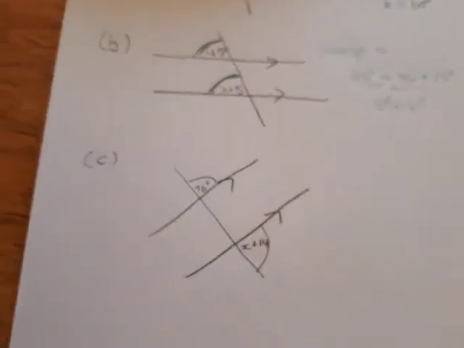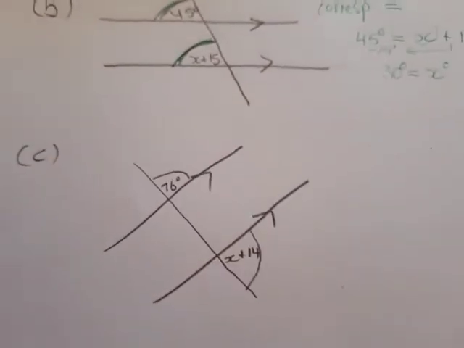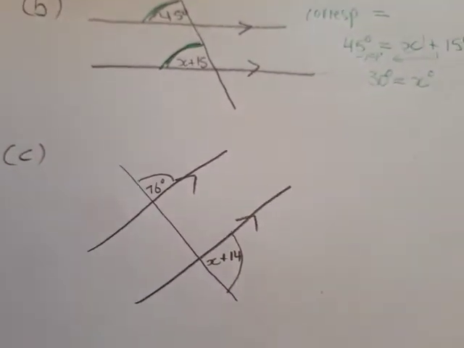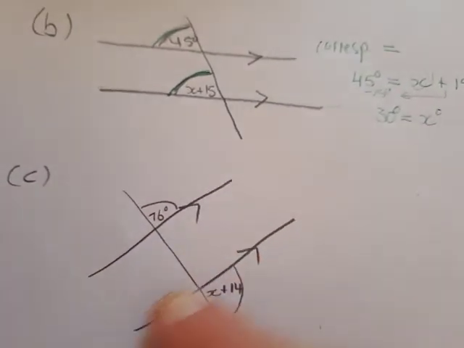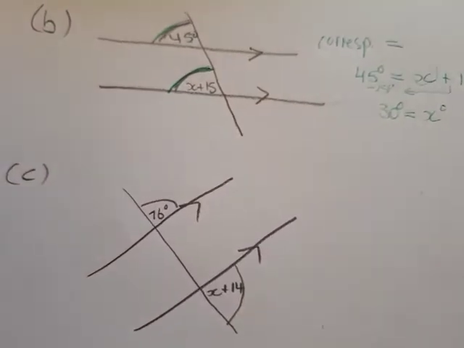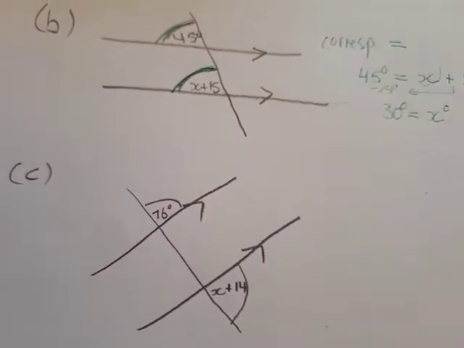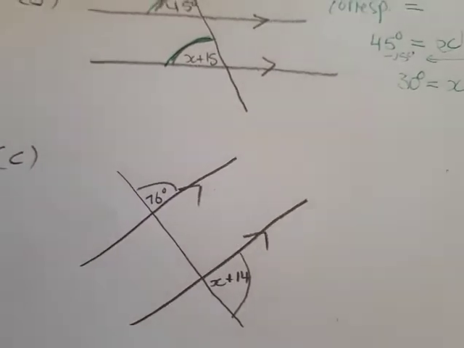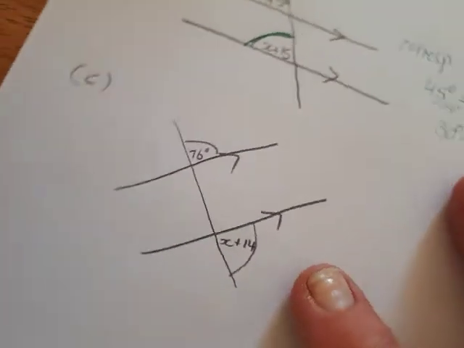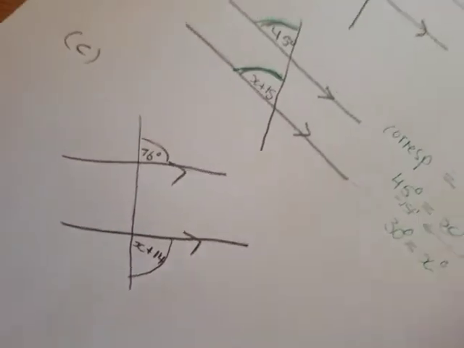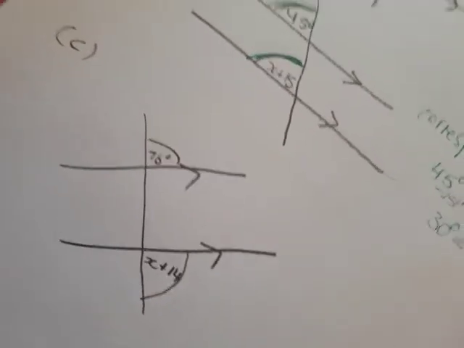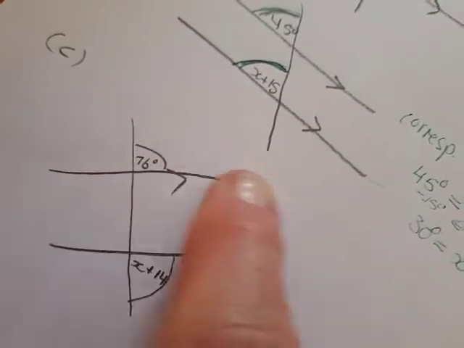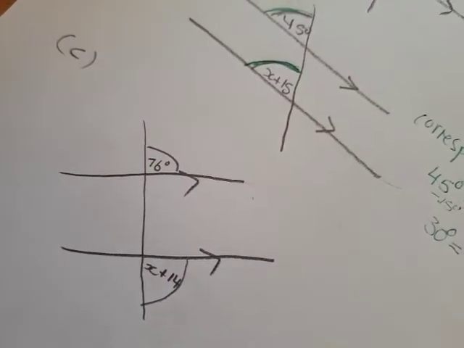Okay, and then the third one, which is a bit more difficult, I must admit. Number one, people, your parallel lines are not horizontal. So it is much more difficult to now recognize corresponding, alternating and co-interior angles. So I'm going to change this around and I'm going to move my paper so that I've got two parallel lines which are horizontal.